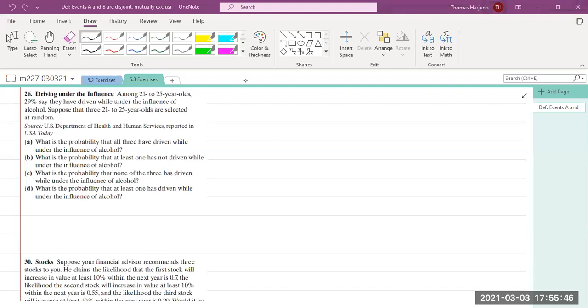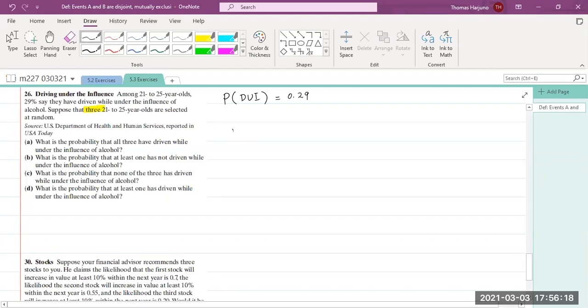Probability among 21 to 25 years old, 29% say they have driven under the influence of alcohol. So the probability of driving under influence at that age range is 0.29. Now suppose 3 people in this age range are selected at random.